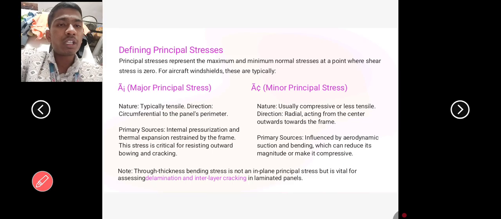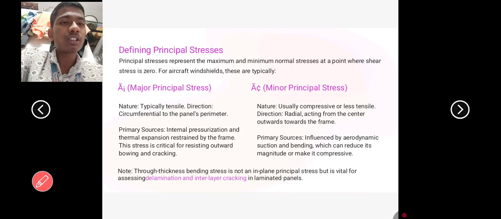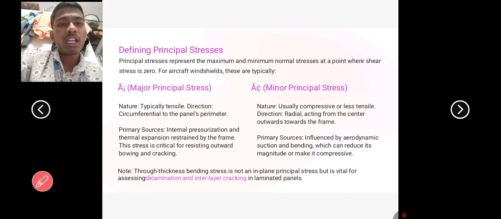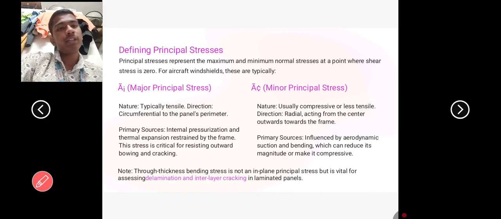Note: through-thickness bending stress is not an in-plane principal stress, but it is vital for assessing delamination and interlayer cracking in laminated planes.